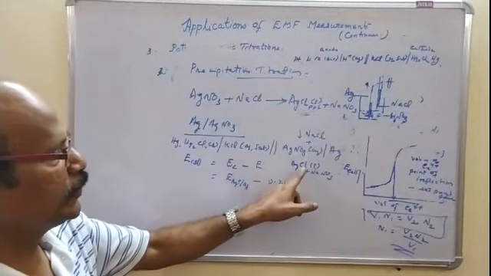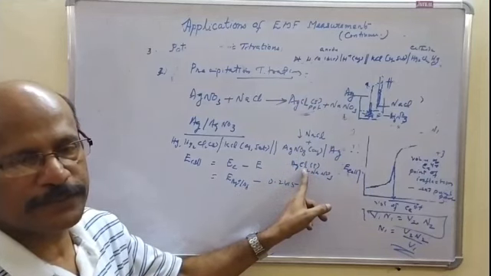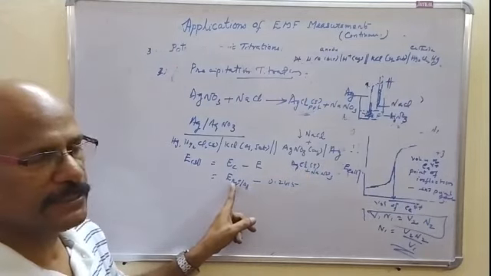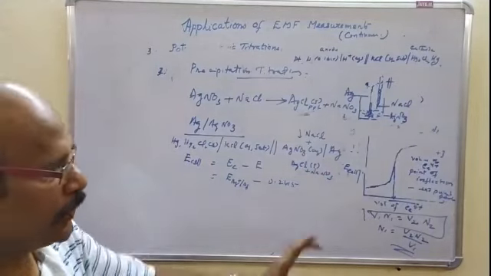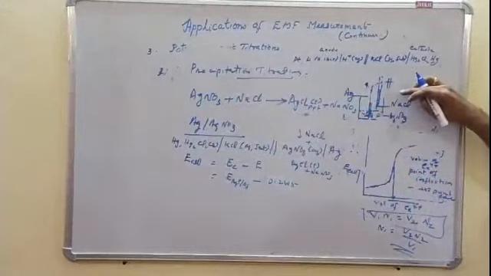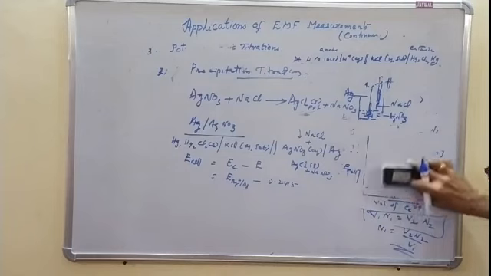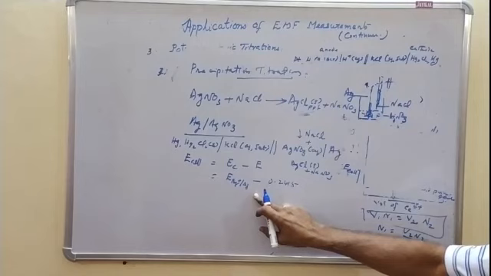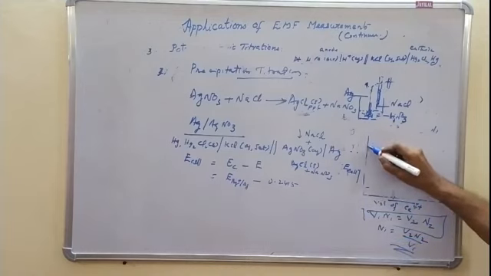The concentration of Ag plus ion in the solution decreases, so the potential gradually decreases and E cell decreases. As the titration proceeds with more and more NaCl, the EMF of the cell gradually diminishes because Ag plus ion gets precipitated as AgCl.